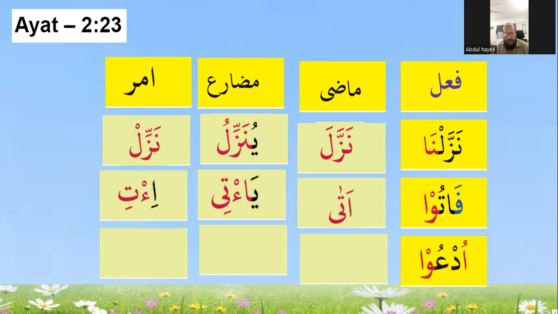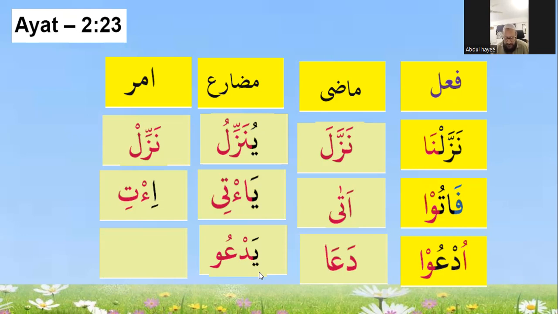Ud'u. Remove the waw alif. So it's an amr. From udu, we will have da'a. What will be the mudare? Yad'u. And what about the amr? Look, how we make the amr. We make amr from this mudare.